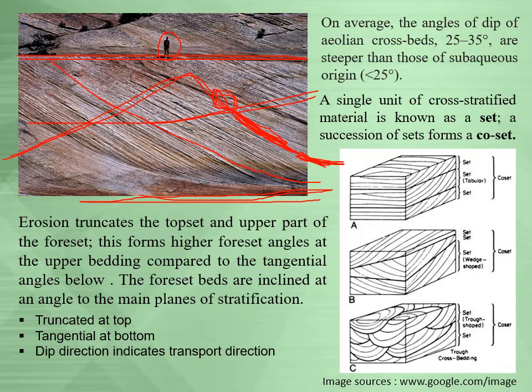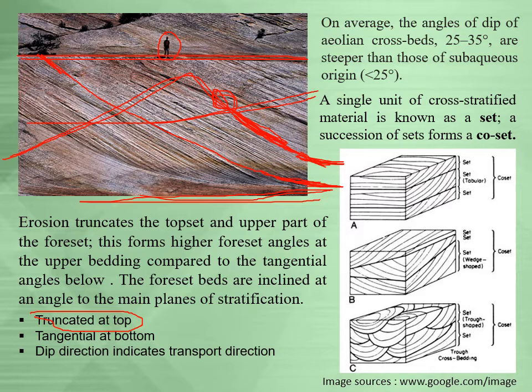The internal laminae are truncated at top, that is, they sharply abut against the upper bounding surface, and they are tangential at bottom, that is, they make a very gentle angle towards the lower bounding surface.